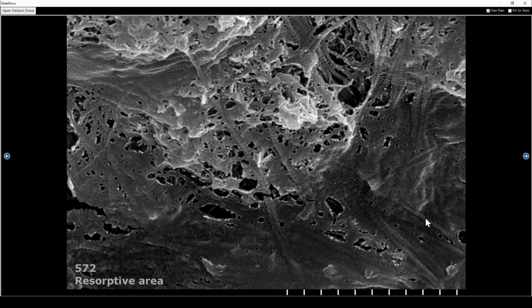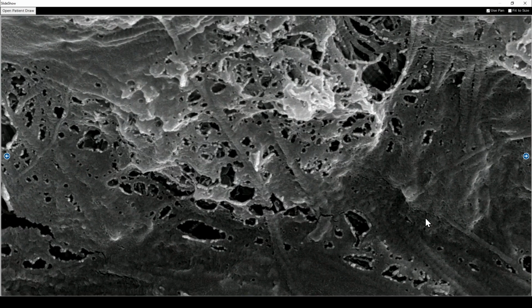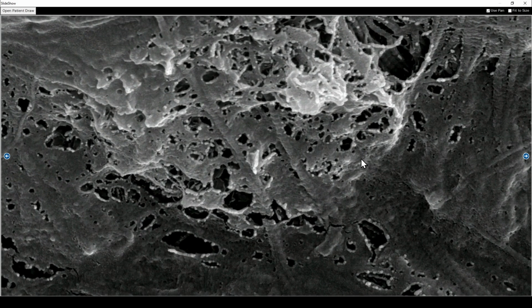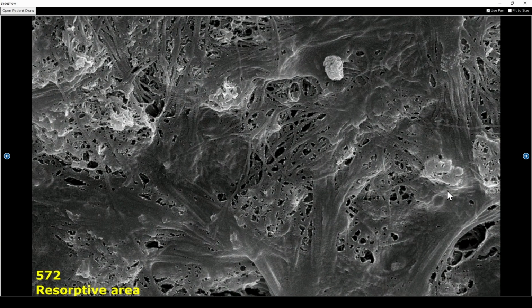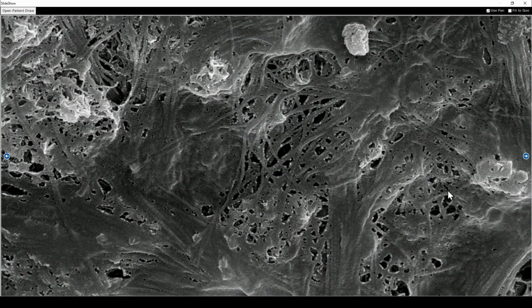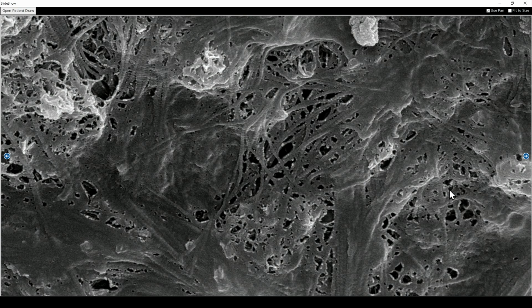And when you look deeper, you can see where some of the decalcification is taking place, where the collagen fibers are becoming exposed. It looks like a woven bone pattern, because the collagen fibrils are pretty irregular.